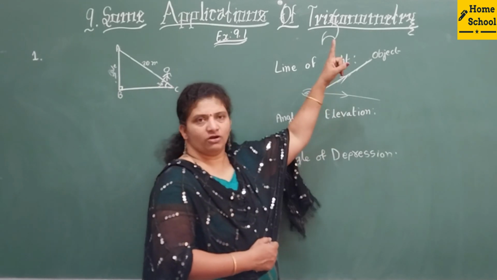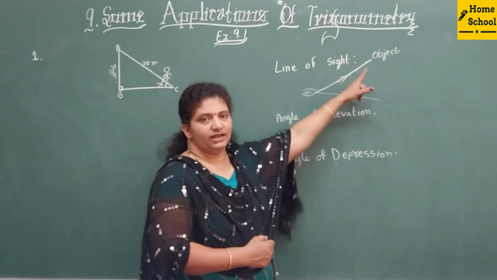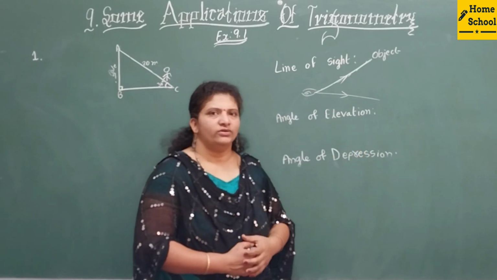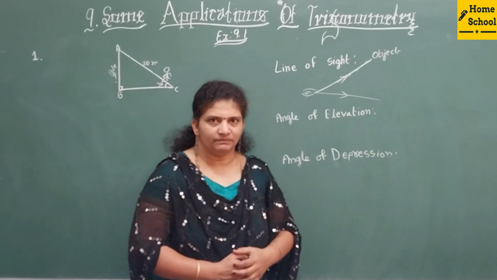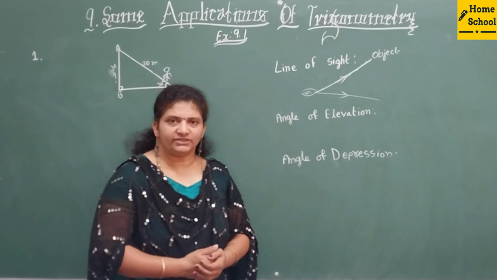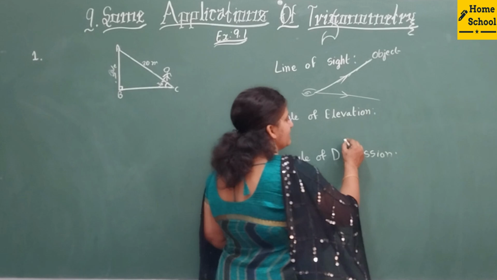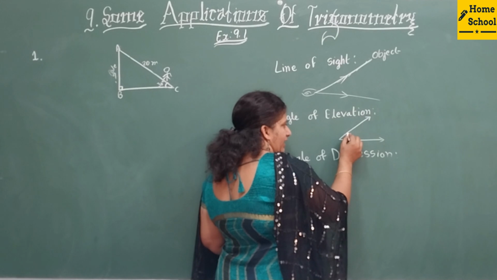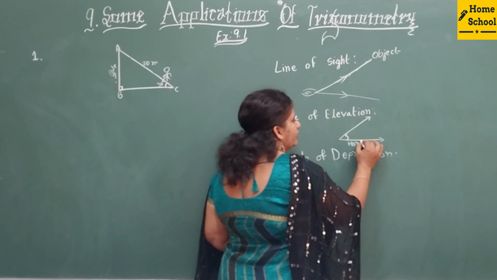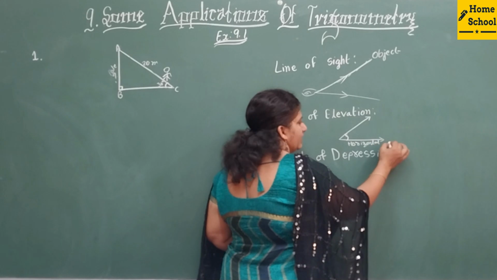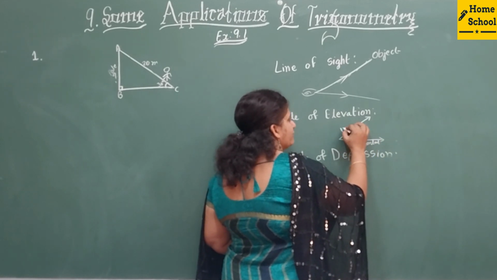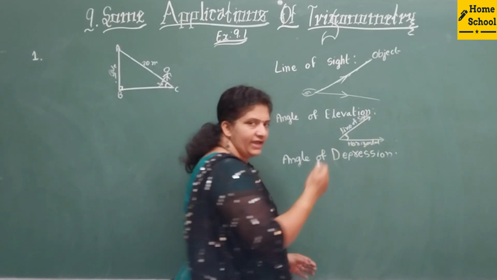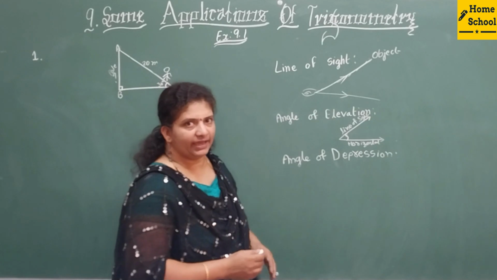If the object you are observing is above, then the line is drawn like this, with the arrow mark given upward. And if you are observing something down, the arrow mark is downward. Second one, angle of elevation. Angle of elevation is the angle obtained between the horizontal line and the line of sight, with the line of sight towards the upward direction.